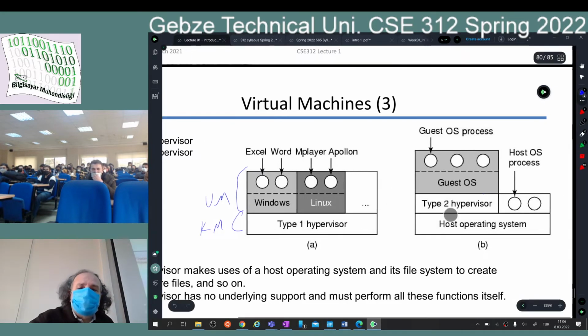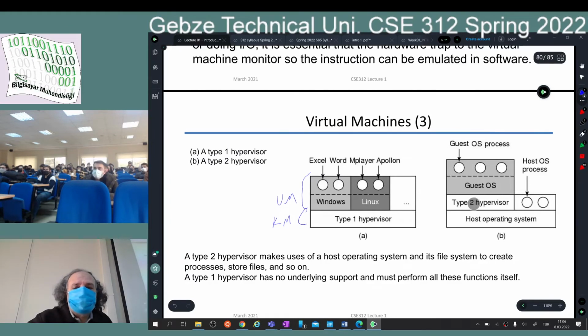Type 2 hypervisor is different. It's a hypervisor, but it runs like a regular process on top of a host operating system. Let's say this is my Windows. On top of Windows, I am running this process.